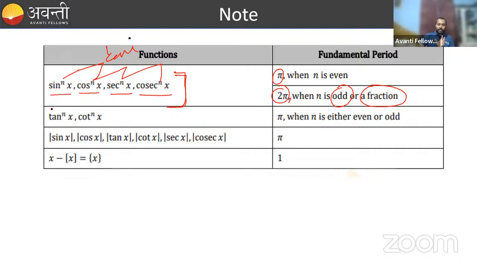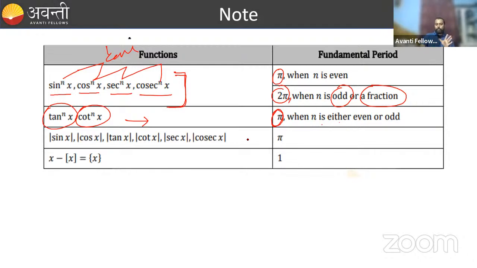Right? Tan to the power nx and cot to the power nx are pi periodic when n is either even or odd. Whether the power is odd or even, the period is pi. Remember, tan to the power nx, cot to the power nx: in these two functions, whatever the powers, irrespective of even or odd, the period is always pi, right?